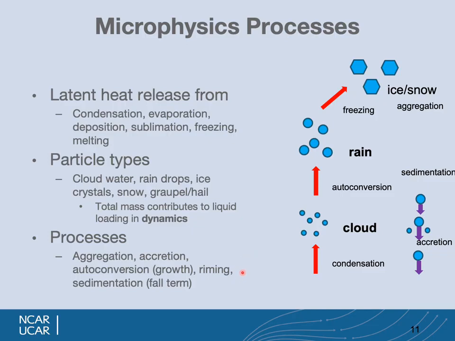Riming, which is a combination of water processes with ice particles, leading to denser particles. And sedimentation we have to deal with as well, and I'll talk about that later too, but basically some of these particles fall, and we have to treat that process inside the microphysics.